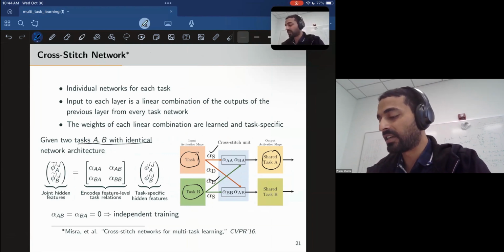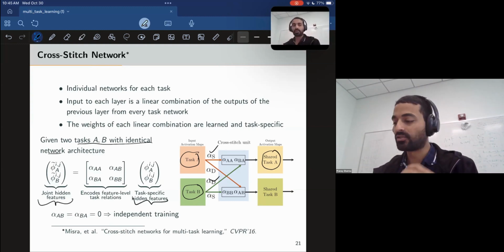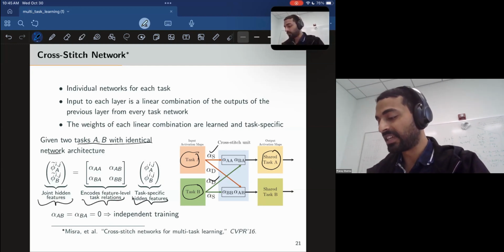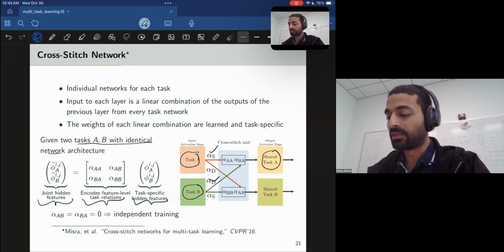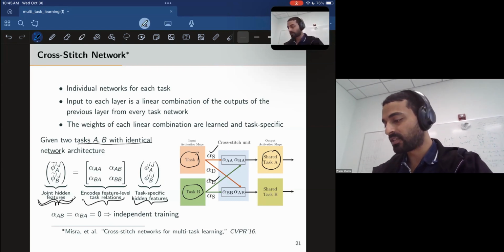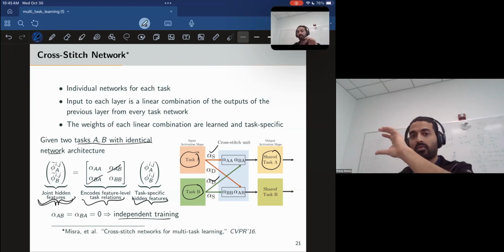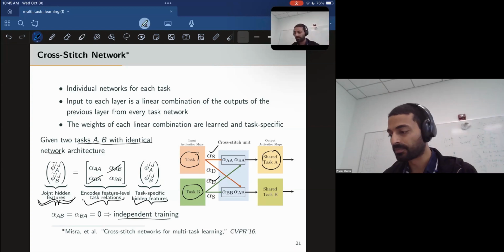This is the input layer, these are the parameters of one layer, and then you mix them somehow and get the output layer. And of course, if you get rid of these diagonal terms, then you have an independent network for the two tasks, one network for task A and one network for task B.